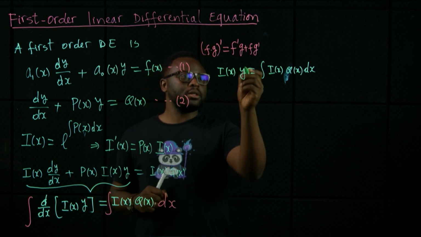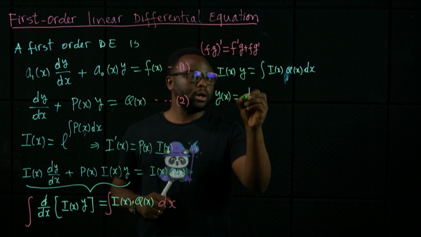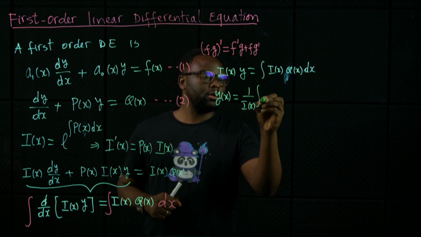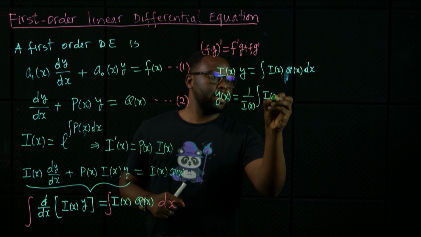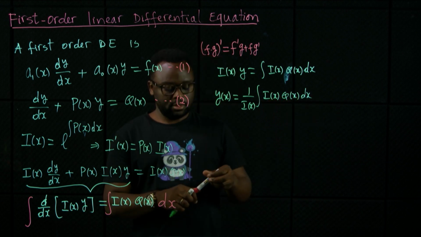Here we can solve for y. Y of x is 1 over I of x times the integral of I of x q of x dx.